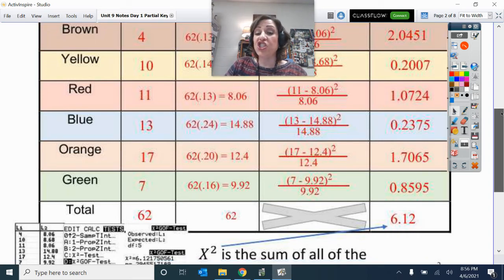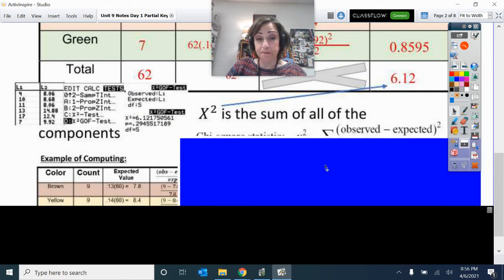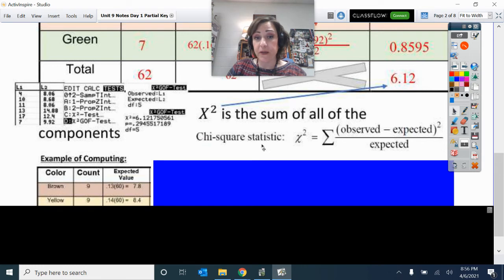Okay, so let's look at this on the formula chart. I'll show this to you at a later point, but it's the chi-squared statistic. It's like a Z, it's like a T, it's a measure of that discrepancy from what you expect.